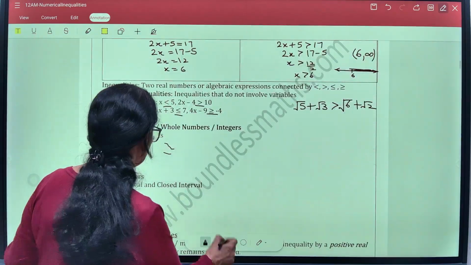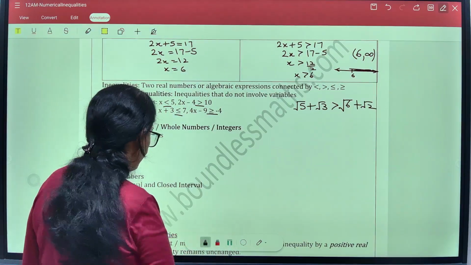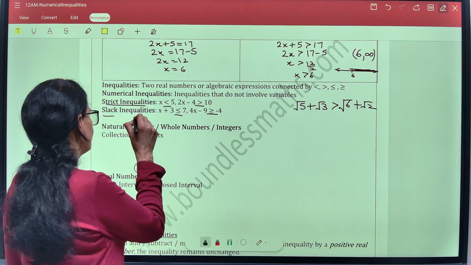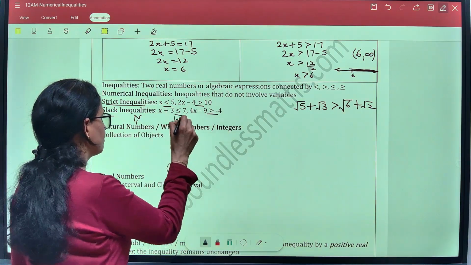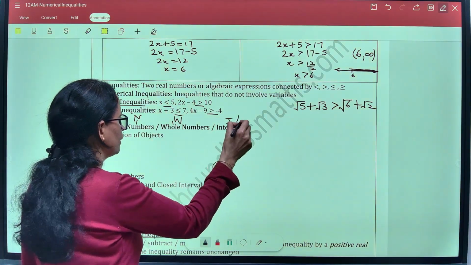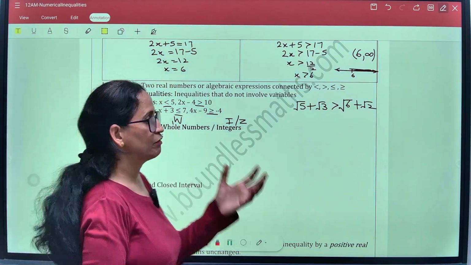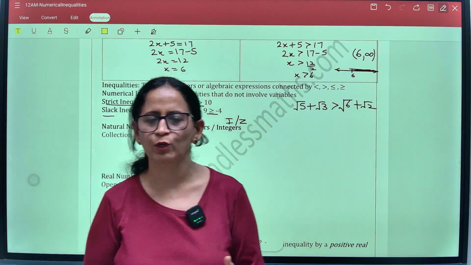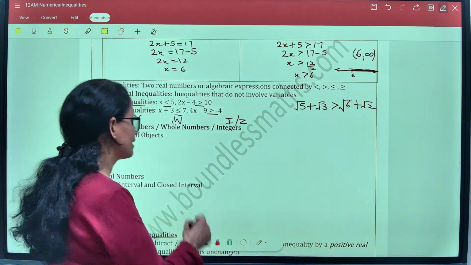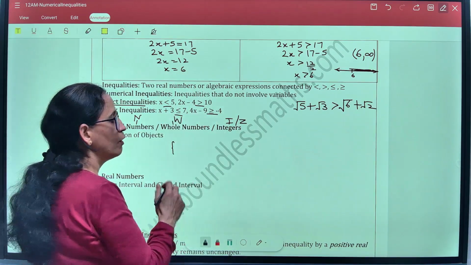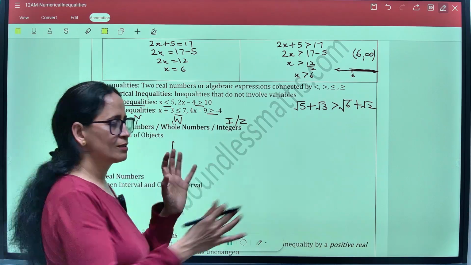Now let's see how to write the solution when we have x as belonging to the set of natural numbers represented by N, whole numbers by W, integers by capital I or even Z. So when we have a question where we have to solve an inequality and x belongs to any of these sets, then our solution is written using curly brackets with a collection of objects enclosed in that.